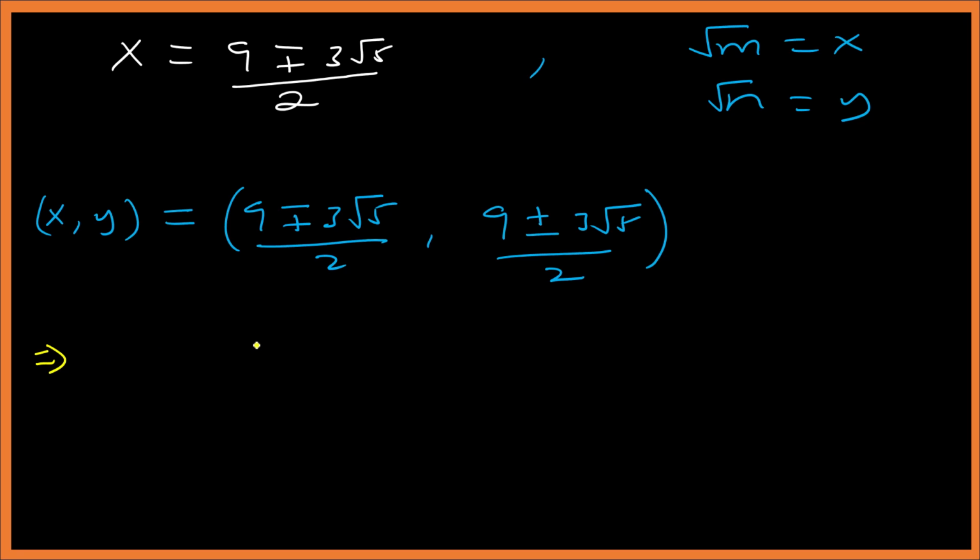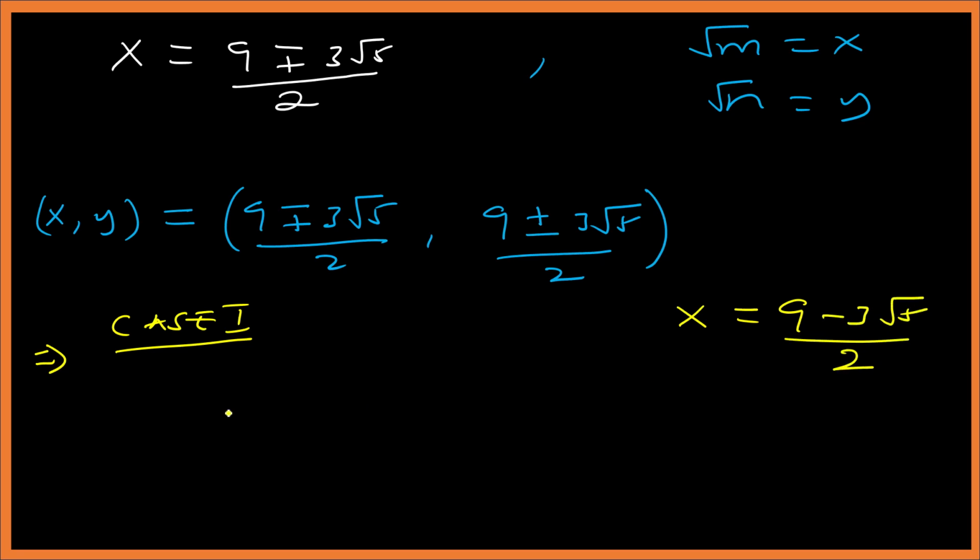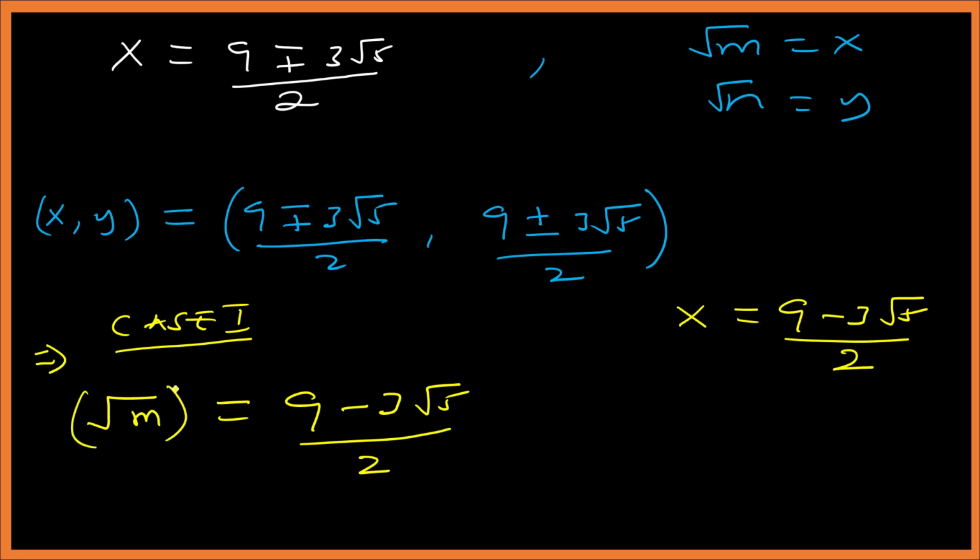So X will have two values. Case 1: when X is 9 minus 3 root 5 on 2, let's equate both sides. We have the square root of M equals 9 minus 3 root 5 on 2. So I'll square both sides, so we have M as this.